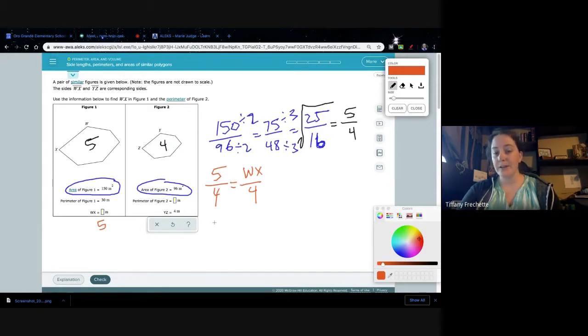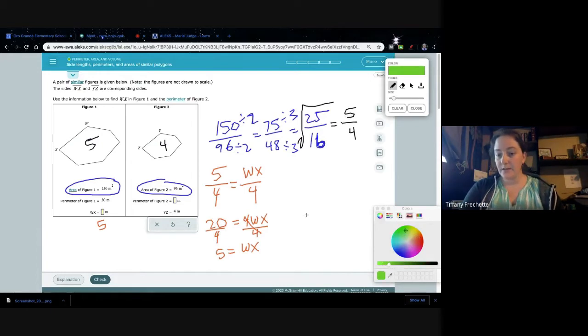And if we multiply this out, we get 20. 5 times 4 is 20. 4 times Wx is 4Wx. I would divide by 4, and I would end up with 5 equals Wx. So can I work it out just as quickly? Sure. If you see it logically, great. That's a really easy method if you can see that before starting.